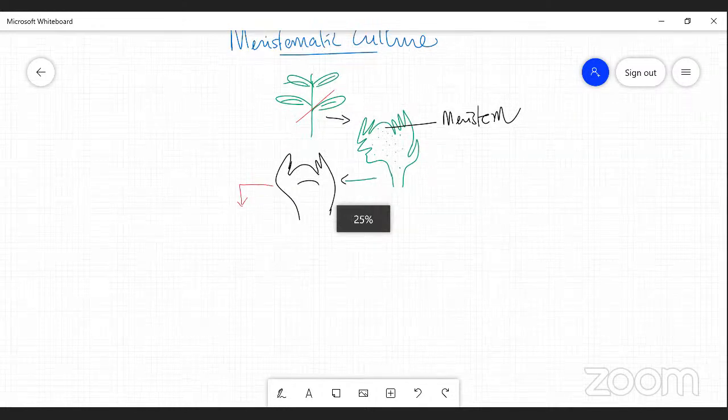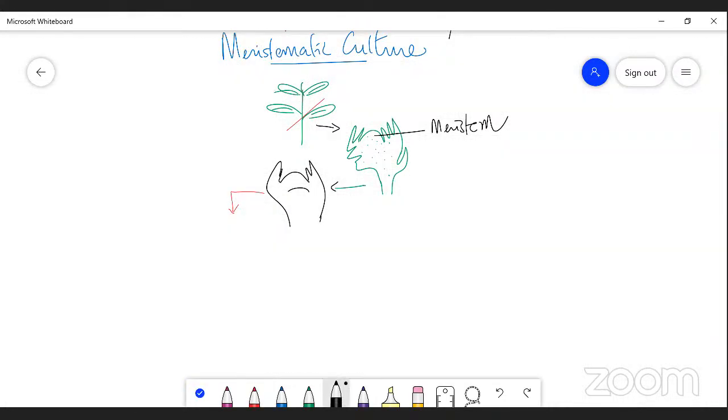When we transfer this meristematic tissue into a test tube containing cotton wick, here you find it, cotton wick is there. So simply these tissues are transferred.